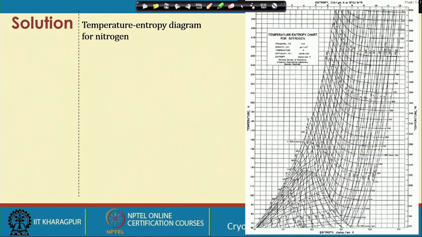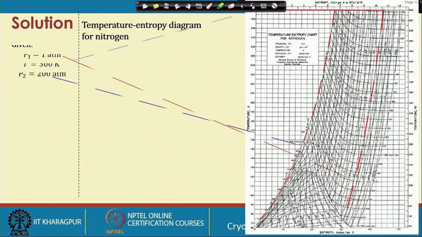Now here we first see the TS diagram of nitrogen, and this diagram will be used to find out the various values of the enthalpy and entropies. First we locate the 1 atmosphere line at 300 K, and then also the 200 atmosphere isobaric line. So this is the 1 atmosphere isobaric line, this is the 200 atmosphere isobaric line, and here we have the 300 Kelvin isothermal line.